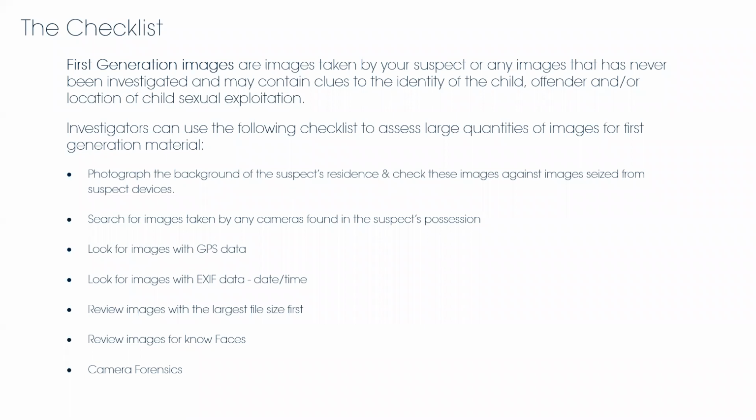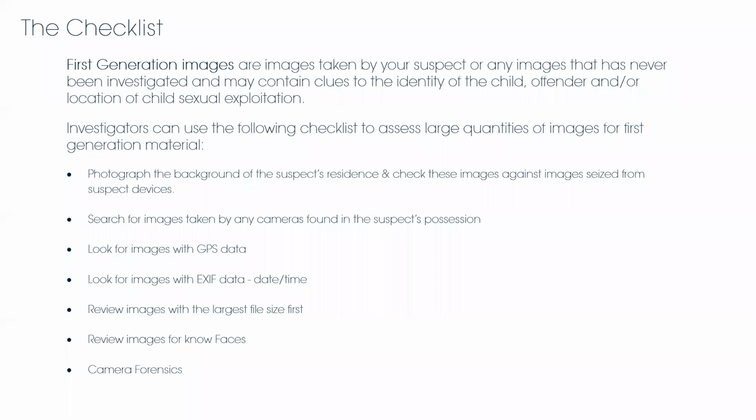So it's important, grab those cameras and then we can take that information and look for that data within our suspects' data sets. We also want to look for images with any GPS data, and we're going to show you how to do that within the tool. And basically EXIF data for dates and times, if you have a time range, things like that. We also want to review images with large file sizes first.